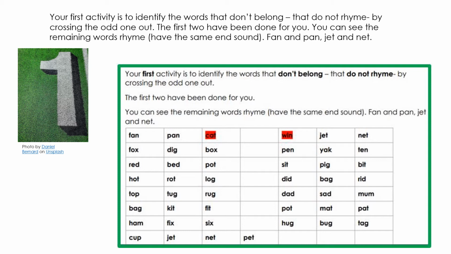So fan and pan belong together. Cat does not, because it has a different ending sound. It has T as opposed to the N. And with win, jet and net rhyme, sound the same, just a different beginning sound. Win certainly doesn't belong.